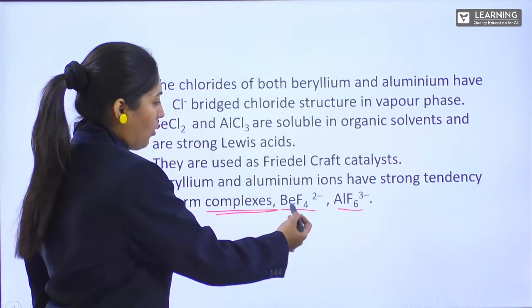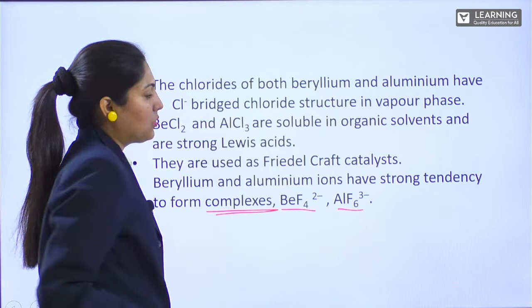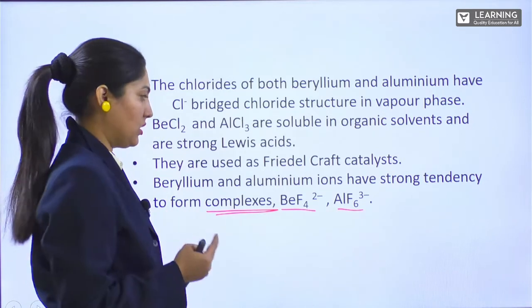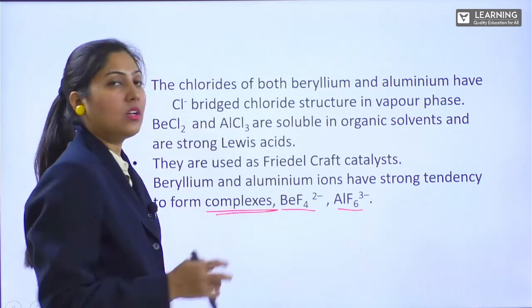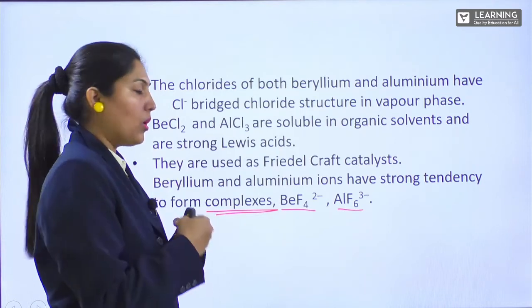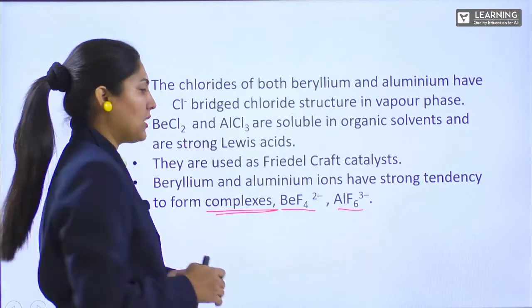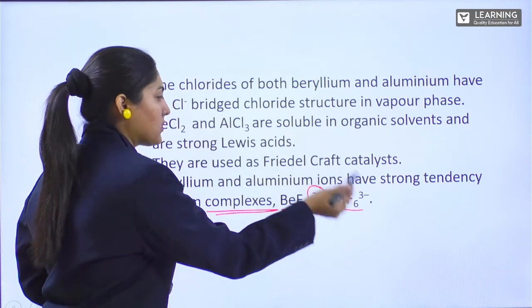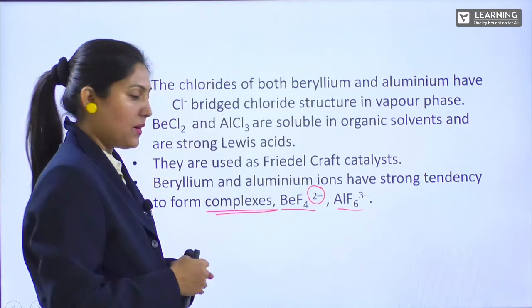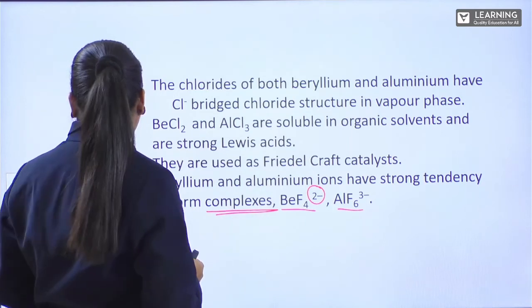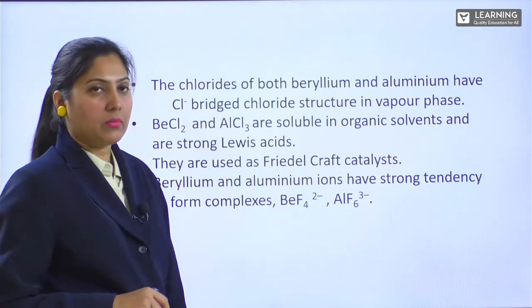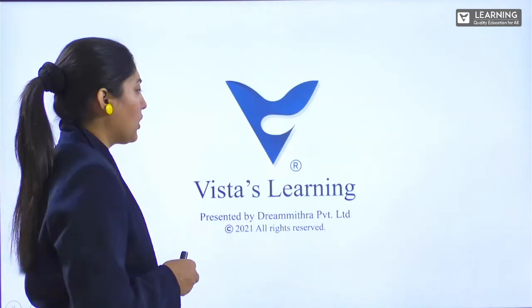You know only beryllium will have +2 as its oxidation number, but it can form a bond with fluorine having a negative charge on it, and this again attracts a positively charged particle and makes a complex. So they can easily form complexes. They have the tendency to form complexes.